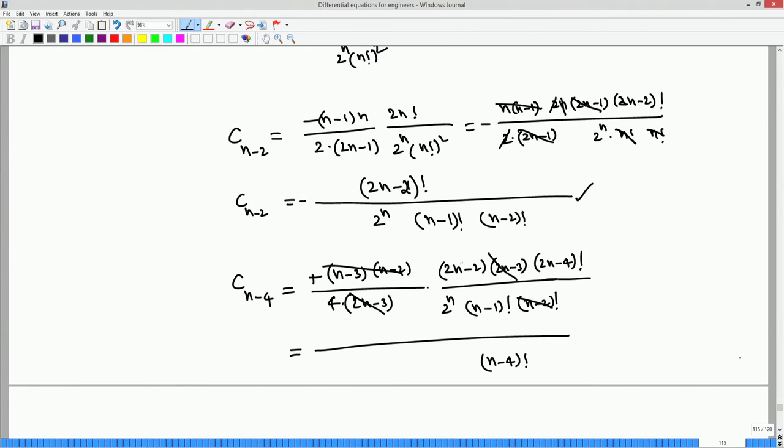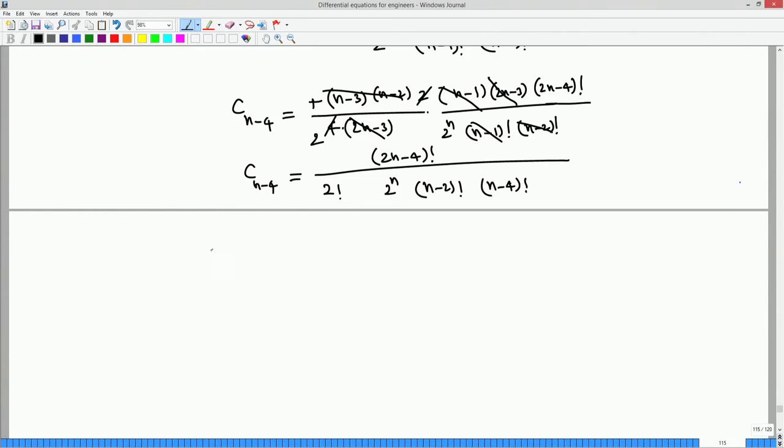So, this 2n minus 1, this 2 you can take out here and write n minus 1, this you cancel here, this will become n minus 2 factorial, 2 power n as it is, 2 goes, you have 1 into 2. So, you have 2 factorial either, okay, it will come like that. And what is in the numerator? You simply have 2n minus 4 factorial. This is my Cn minus 4.